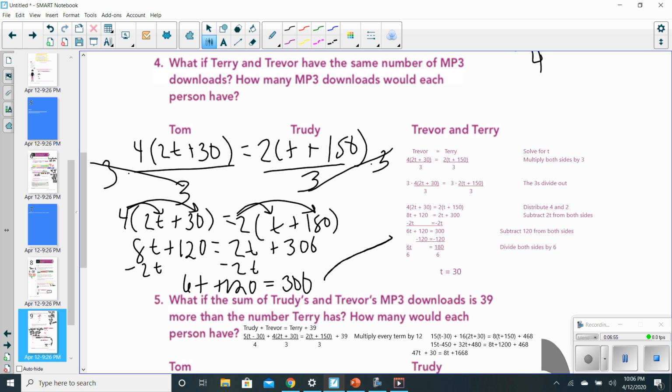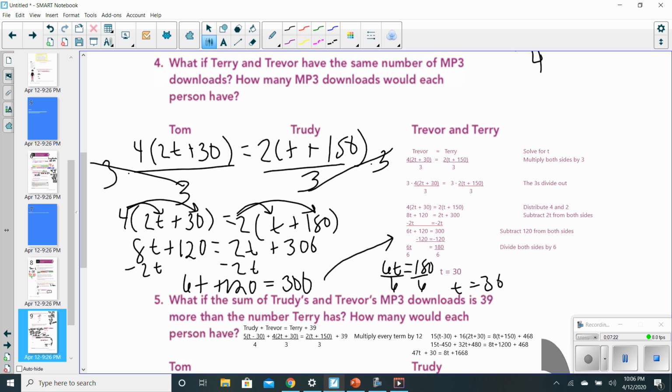And then now I'm going to move over here. You subtract 120 on both sides. When you do that, you're left with 6t equals 180. Divide both sides by 6, and t equals 30. So hopefully this is making a little bit more sense and you can understand how we did this. I know that there's a lot of work and a lot of steps, so please ask if you have any questions.